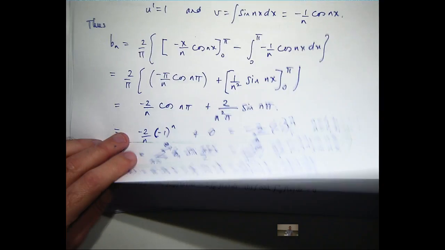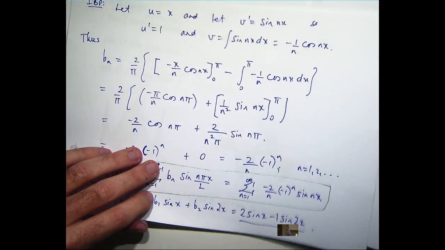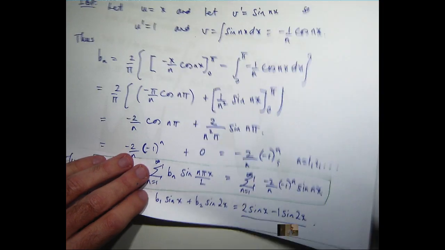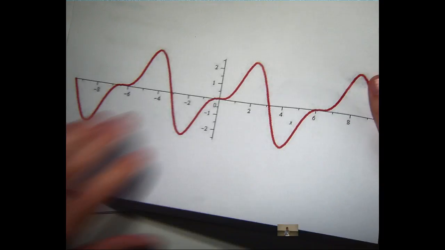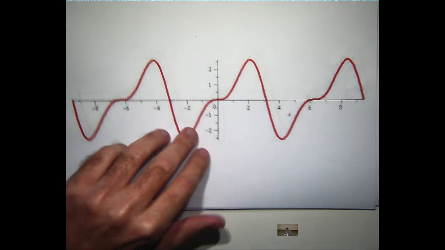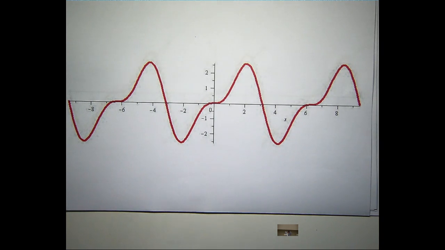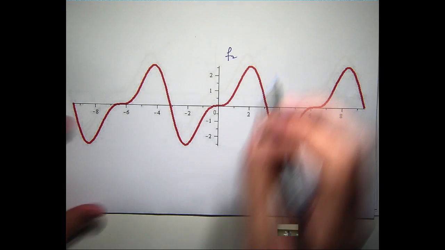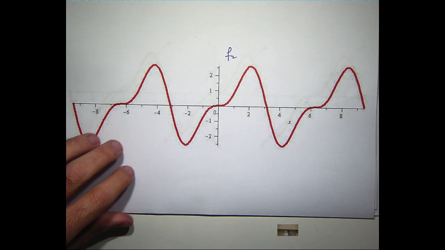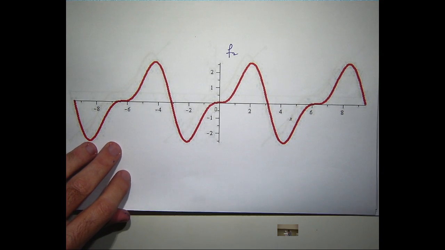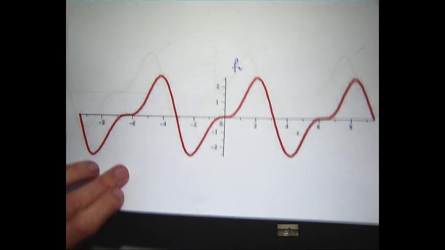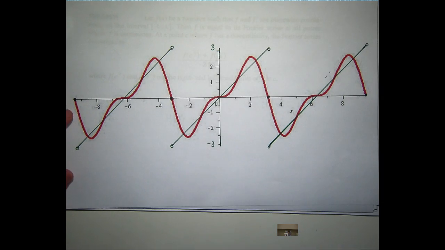All right, so it's asked us to sketch the function. Here's one I've created earlier. Okay, so that is the function f sub 2, the partial sum. And then it asks you to sketch the function with f sub 2.